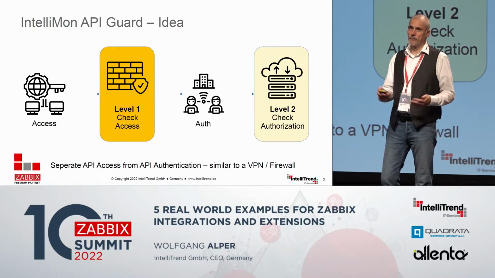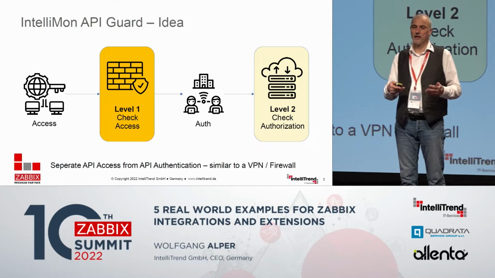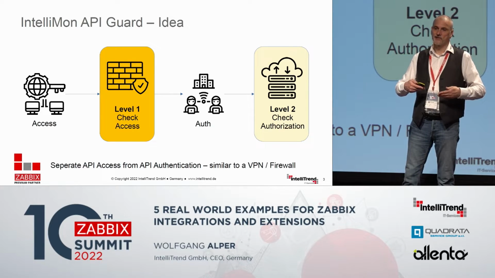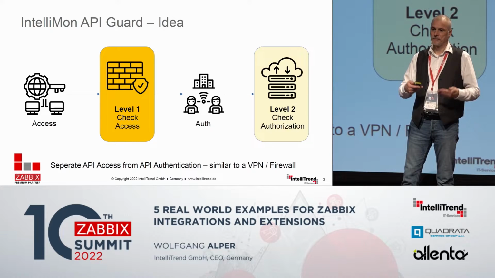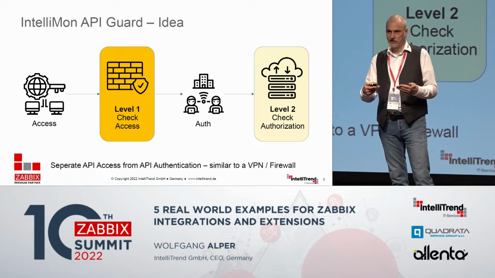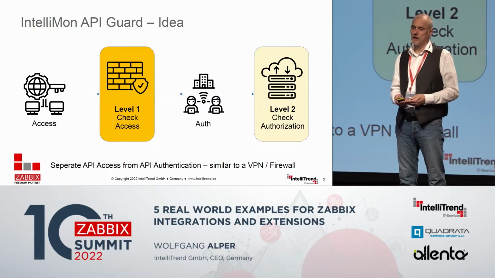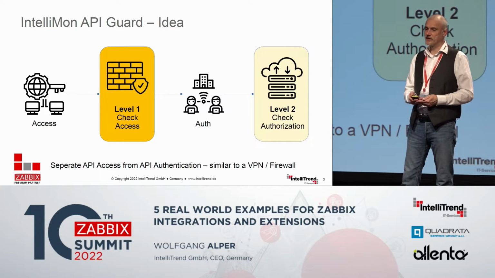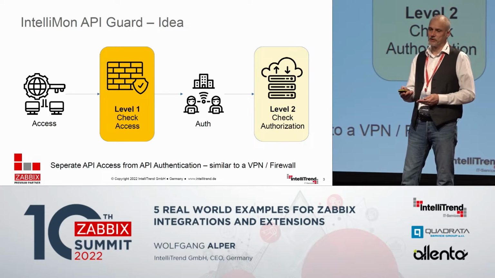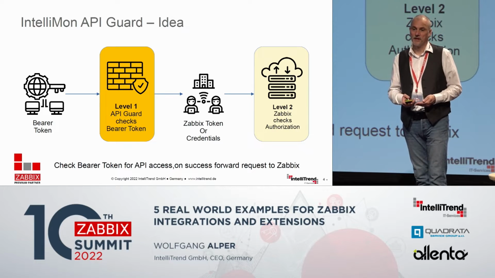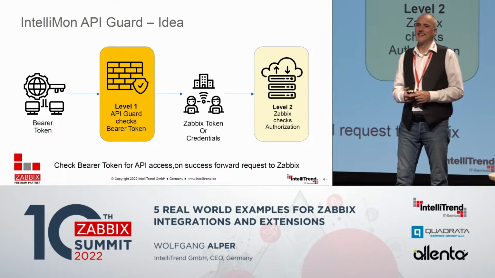Basically what we thought is, if you treat a VPN or a firewall rule as some sort of access control, and then if this access control is successful, you forward the request to the authorization in this case here. If you have something like this in place, it would pretty much fulfill what we are looking for. And that is exactly what the API Guard does.